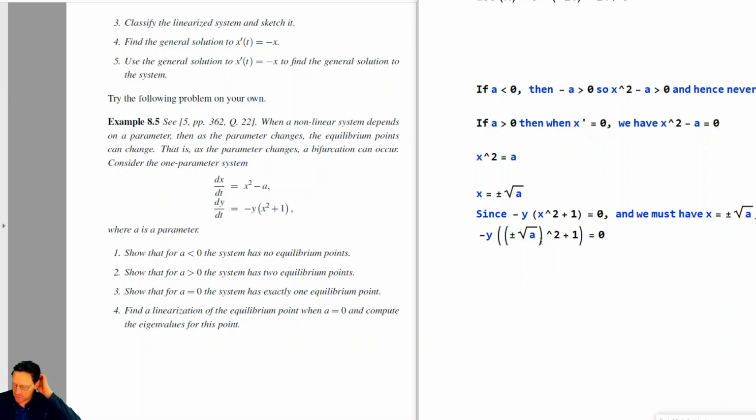So we have this, but we square that plus or minus root A, and we get just plain A.